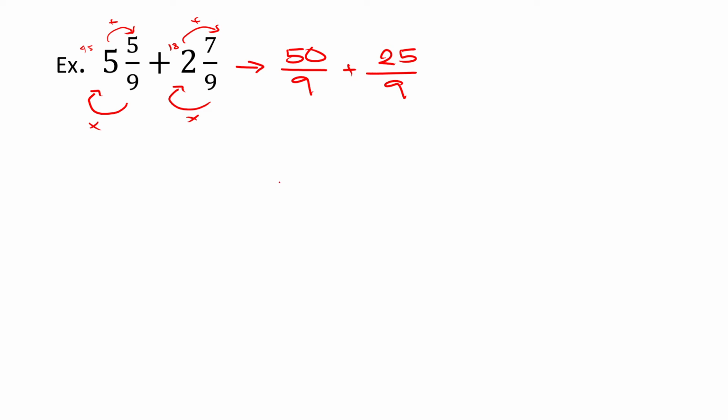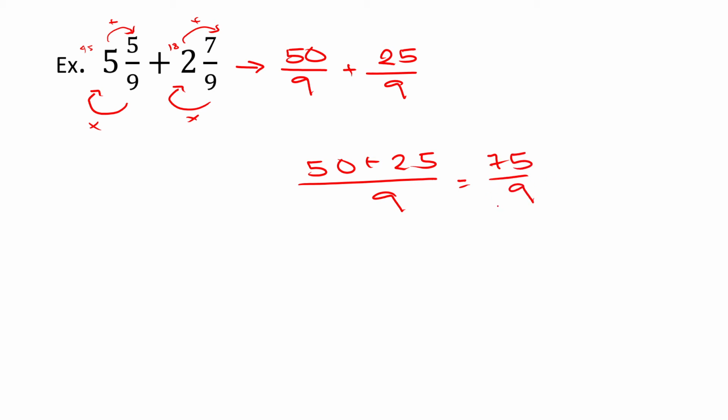Now that they are all improper fractions with the same common denominator, we add 50 plus 25 all over 9. So 50 plus 25 is 75 all over 9.